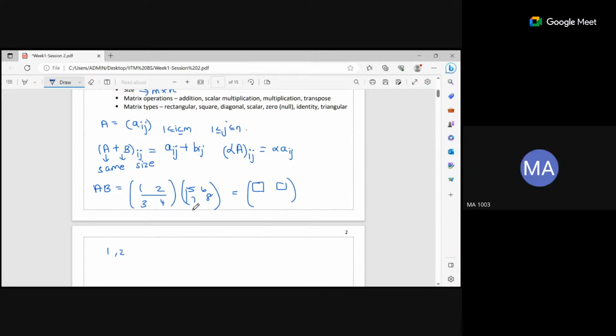Okay, fine. So now the next thing we are going to look at is transpose. Again, this is a very simple one. Suppose you have a matrix. I will write some simple matrix. Can you say what A transpose is? You just interchange the rows and columns with each other.